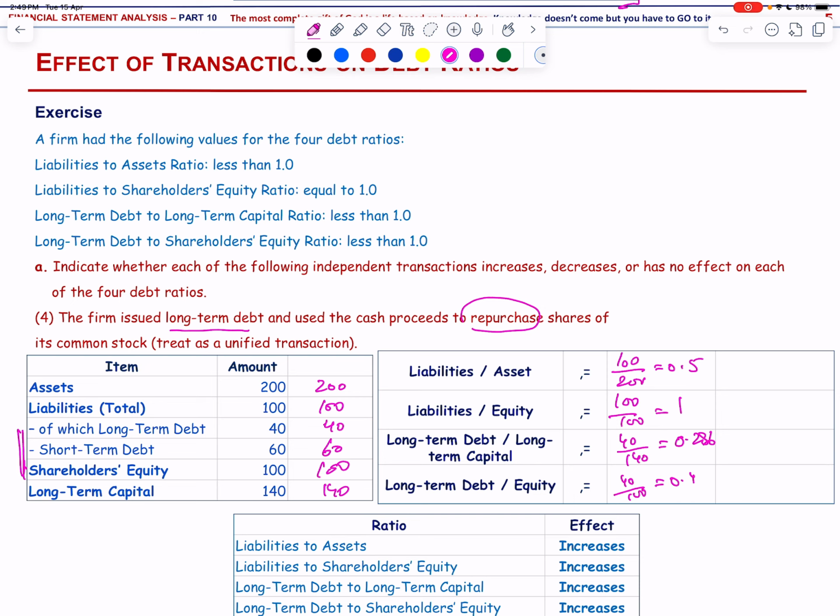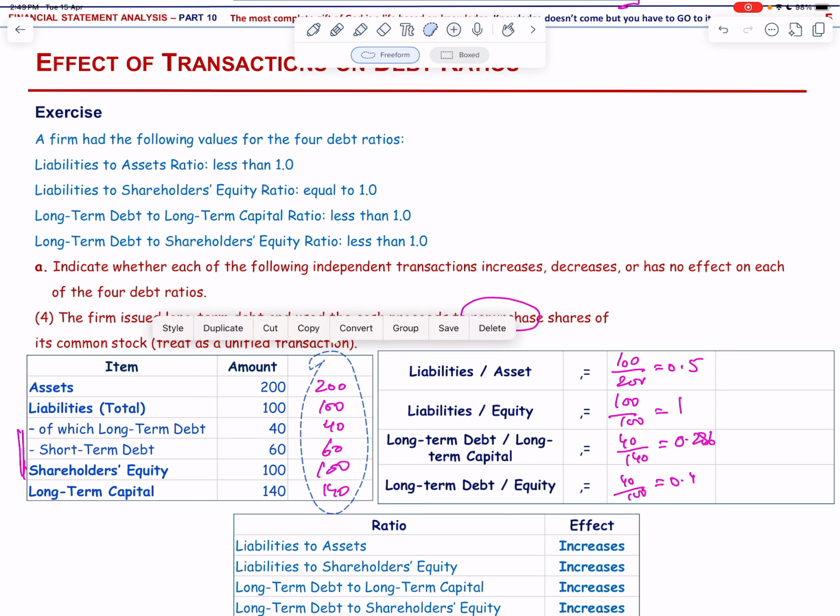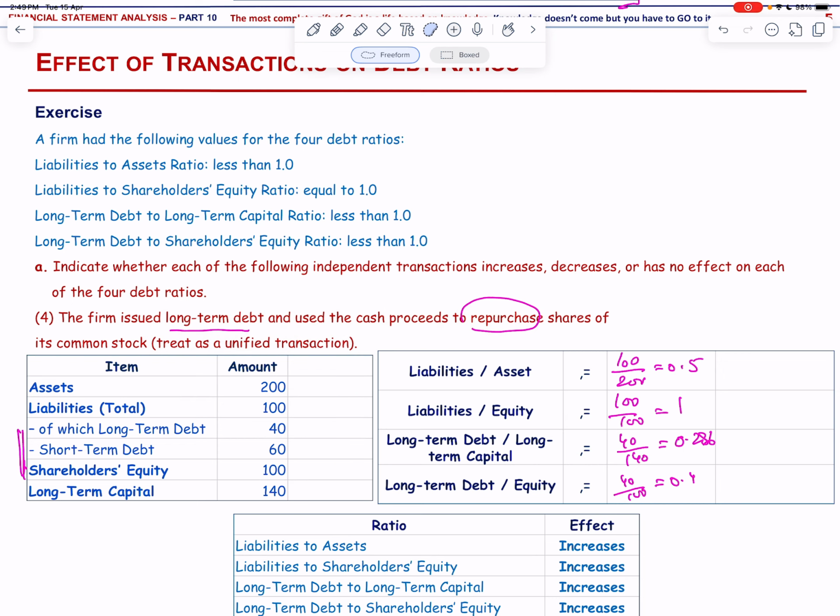Now suppose the firm has issued long-term debt. So suppose they are issuing a long-term debt and they repurchase the equity.